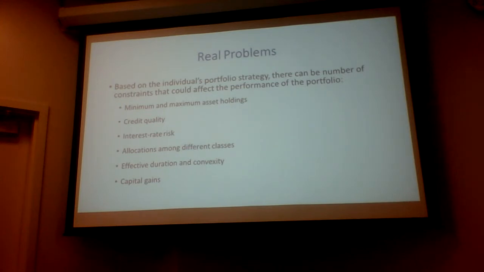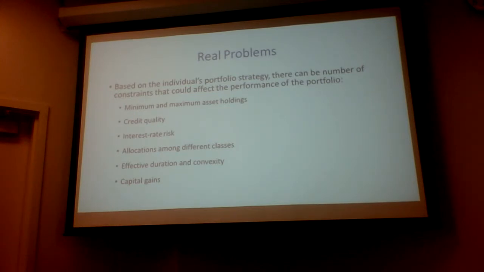Based on the individual portfolio strategy, there can be a number of constraints that could affect the performance of the portfolio. There may be a limit to how many asset holdings the portfolio may have. The credit quality is also a risk factor because the portfolio may be in default.